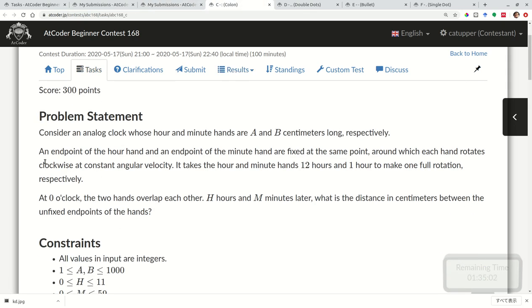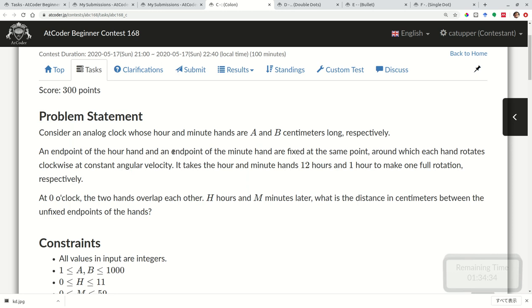Consider an analog clock whose hour and minute hands are A and B centimeters long, respectively, and an endpoint of the hour hand and an endpoint of the minute hand are fixed at the same point, around which each hand rotates clockwise at constant angular velocity. It takes the hour and the minute hands 12 hours and 1 hour to make one full rotation.